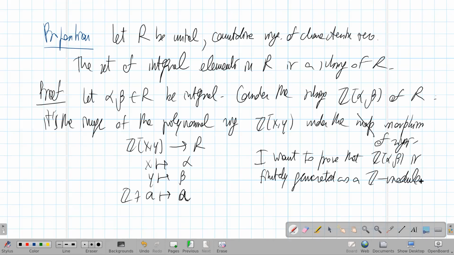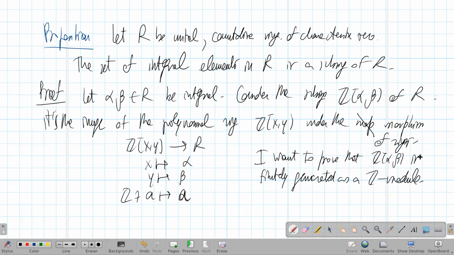Because then I will apply the result that I recalled at the beginning of the lecture, to the effect that all elements of this subring will be integral. I'll repeat this at the end of the proof. This means in particular alpha plus beta and alpha times beta will be integral, because this is a subring, so it's closed under sum and product. So I want to prove that this is finitely generated.